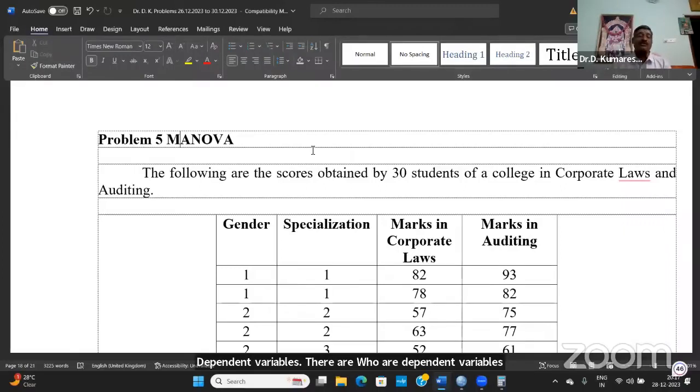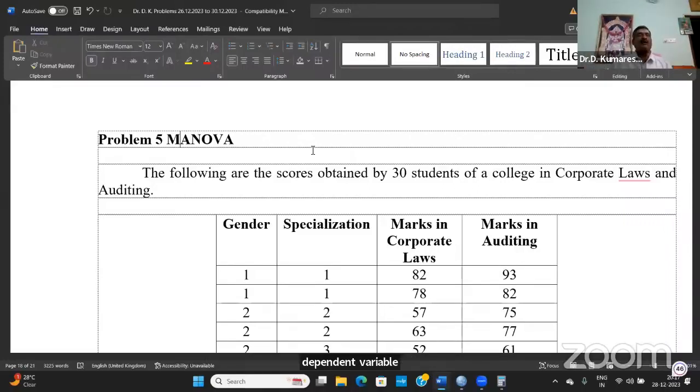Here also, there must be two or more independent variables. If we discuss ANOVA, I told you, one-way ANOVA: one independent variable, one dependent variable.